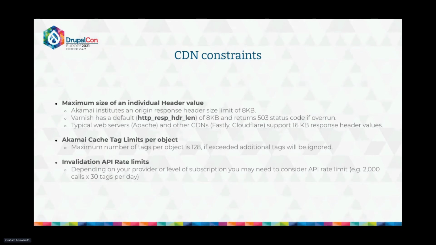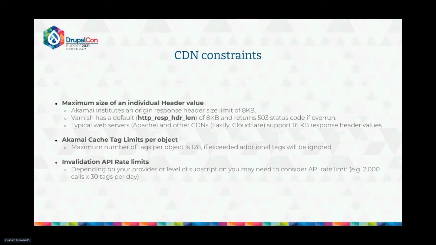The first consideration is that there's a maximum size for an individual header value. Akamai, as one example, institutes a limit of 8K. Varnish has a default of 8K, but can be configured depending on your provider. And web servers typically support up to 16K and potentially more, depending on configuration.